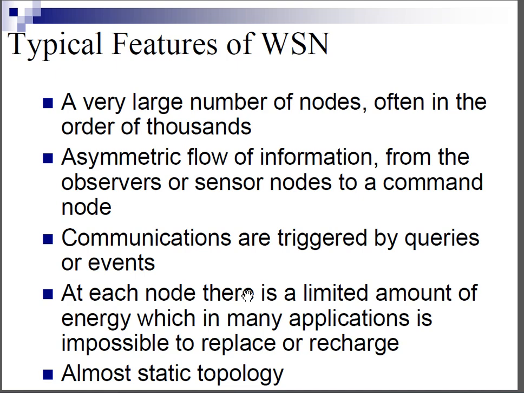We will see how we can implement a wireless sensor network, and we will see the different types of devices as well, what we call the observer, sensor node, actuator, and so on. Communications are triggered by queries or events. At each node, there is a limited amount of energy, which in many applications is impossible to replace or recharge.